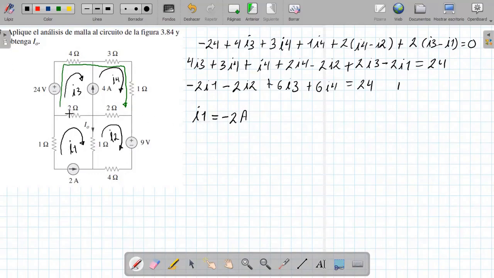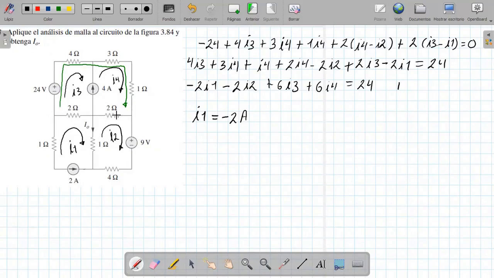Negative. Remember that I usually go in the direction of the hands of the clock. So the I1 comes this way, when it gets here we observe that I1 is equal to minus 2 amperes, that is, the mesh current is minus 2 amperes. Remember that this is mesh current. It is not that minus 2 amperes are flowing through this resistance.